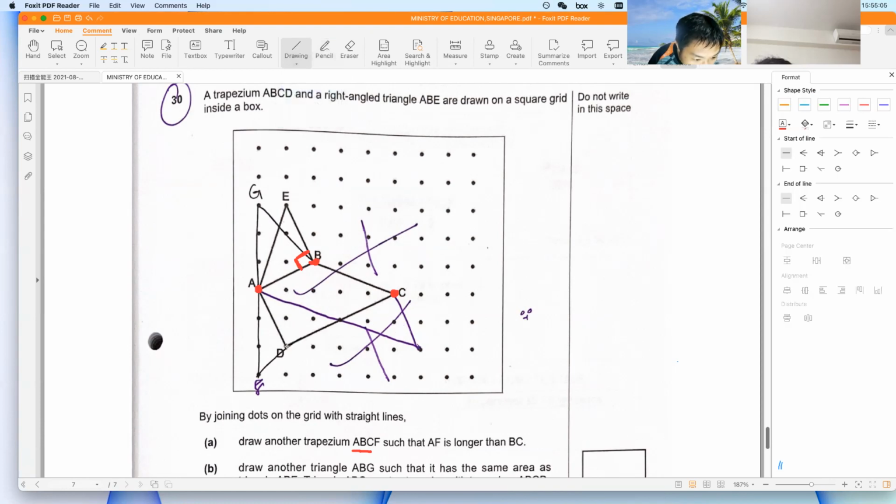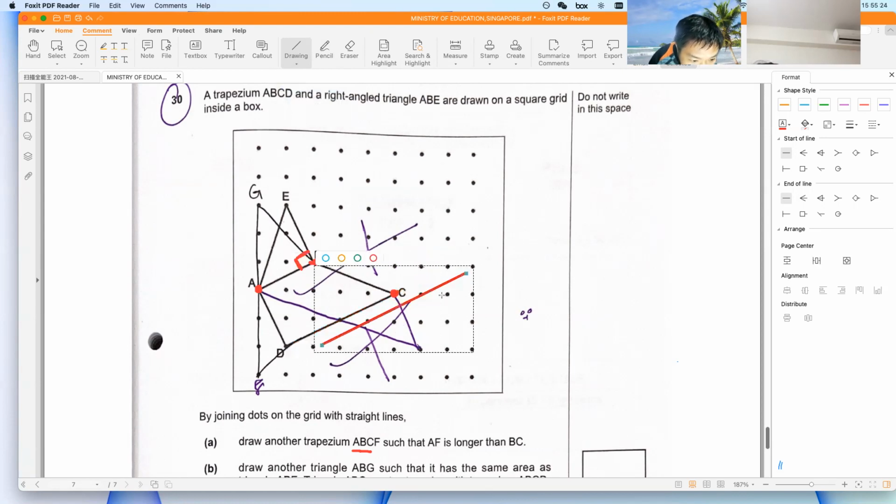So BC is this much, right? AF is longer than BC, so basically I need to extend it a bit, as long as it's longer.